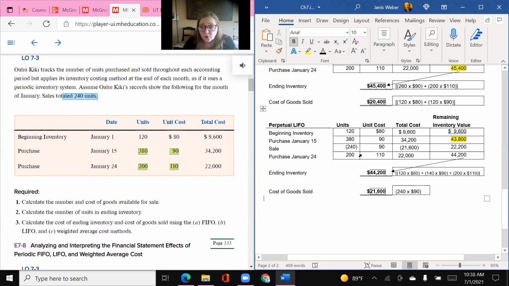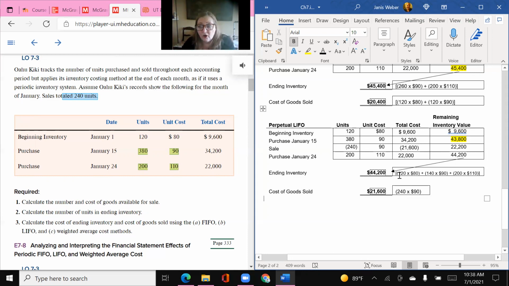We had 2 lots. So we sold 240 that day, and they all came from this last lot of $90. So what was left then is we still had all 120 of the first lot, and we had 140 more of the second lot in our inventory. So then we bought 200 more at 110. So you see the ending inventory with selling that one lot that was from the January 15th purchase.